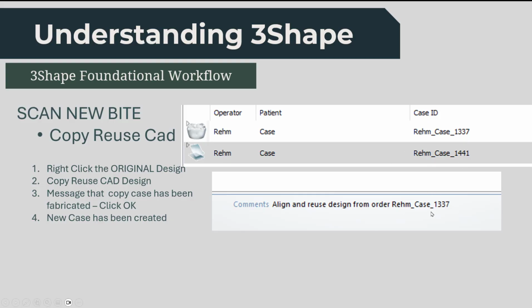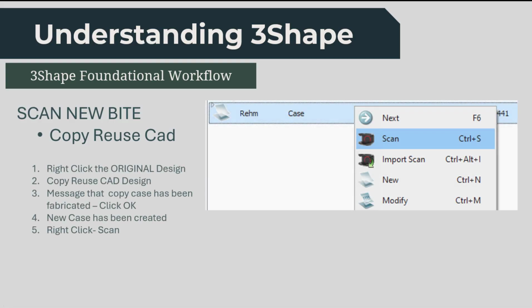At the bottom, because we clicked that button, it says align and reuse design from order 1337. So if we ever forget, like, oh no, I have 25 of these cases from the same patient because it's been a nightmare, which one did I just do? It's always going to be in that little comment section. If they sent it out again and we did another Copy Reuse CAD, it would stack on top of here and you'd see another Copy Reuse CAD on top of that.